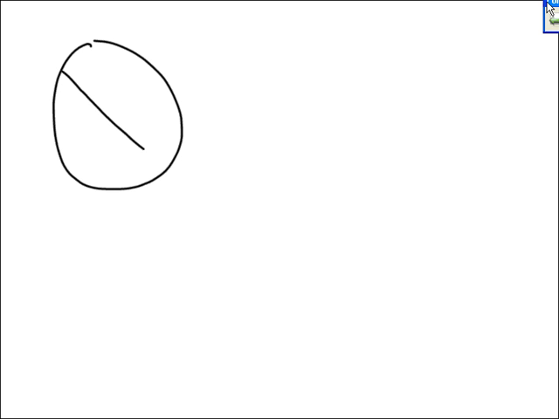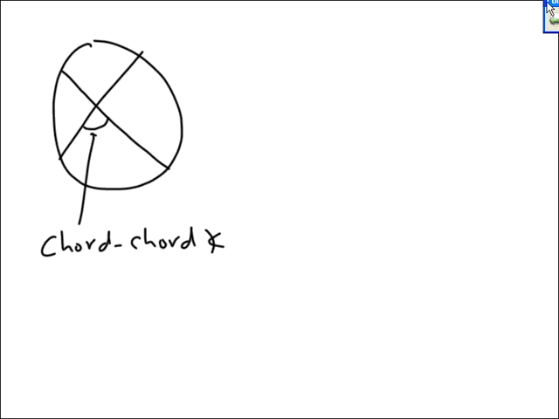If you have, so some definitions. If you have 2 chords, that angle right there is a chord angle. Of course, so is this angle here, and this angle, and that angle. Depends upon which one you want to talk about. Now, it'll be nice if we knew something about the chord.